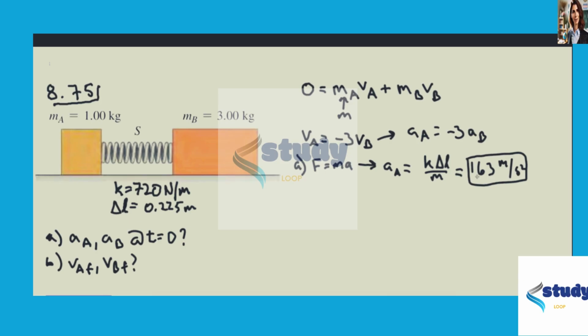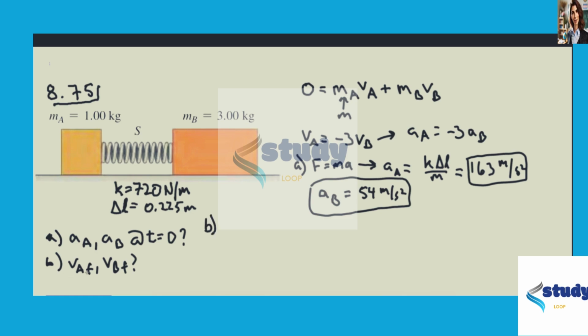And now immediately from this we know that the acceleration of B, because it has 3 times the mass but the same force is acting on it, is going to be 54 meters per second squared. So far, so good.